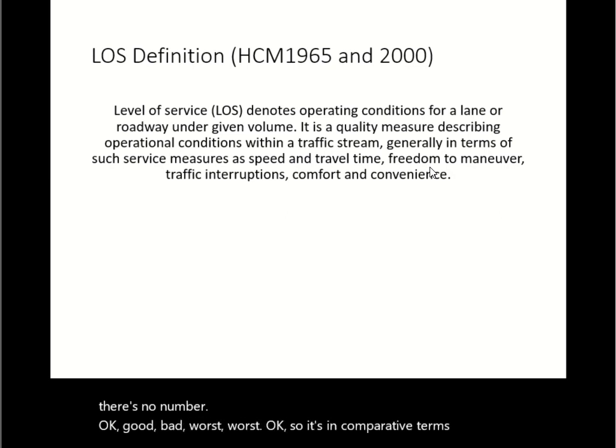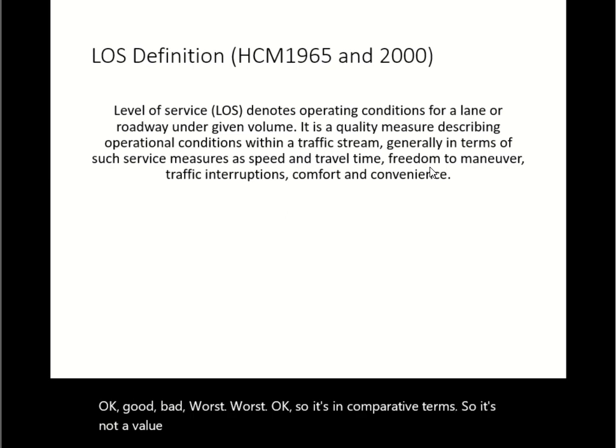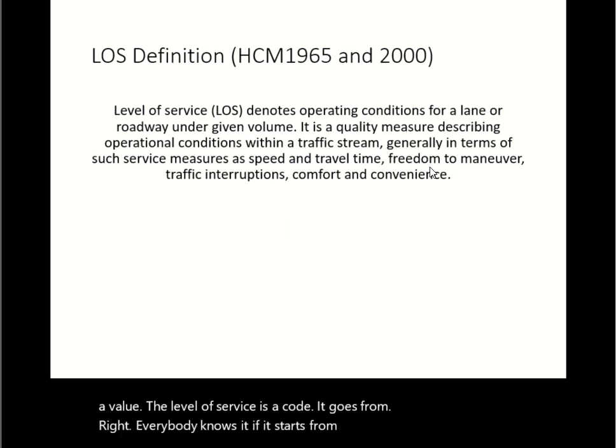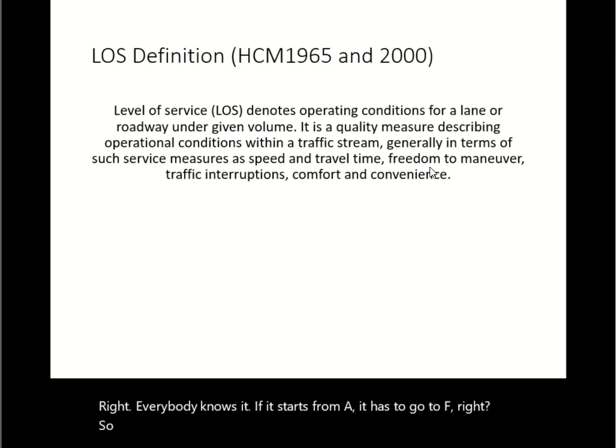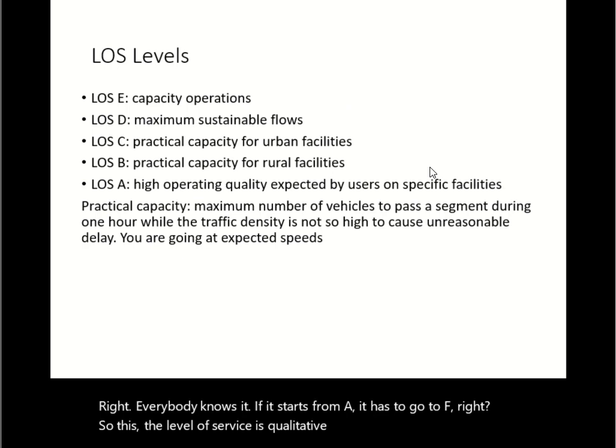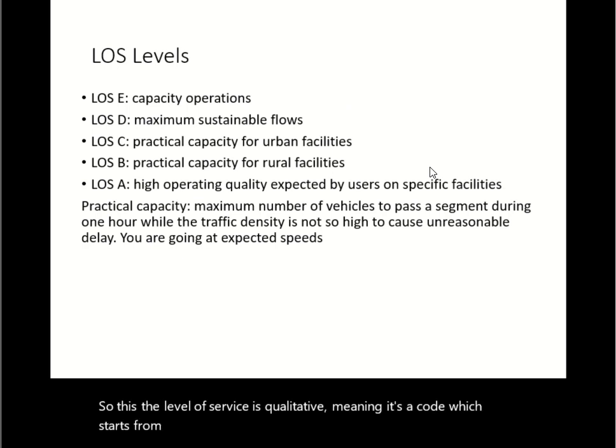It's not a value. The level of service is a code. It goes from A to F. Everybody knows that. If it starts from A, it has to go to F, right? So the level of service is qualitative, meaning it's a code which starts from A to F.